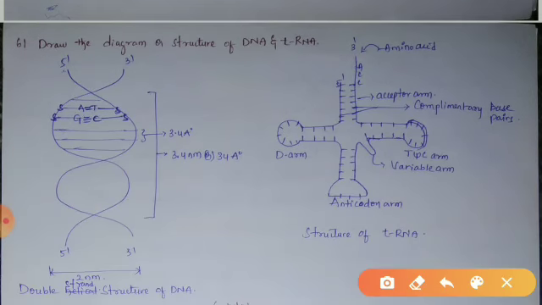Draw the diagram or structure of DNA and RNA. In the case of RNA, you can draw the tRNA structure. DNA has a double strand and appears like a ladder-like structure. In the double helical structure of DNA, each helix has a length of 34 angstroms, and 10 base pairs are present.